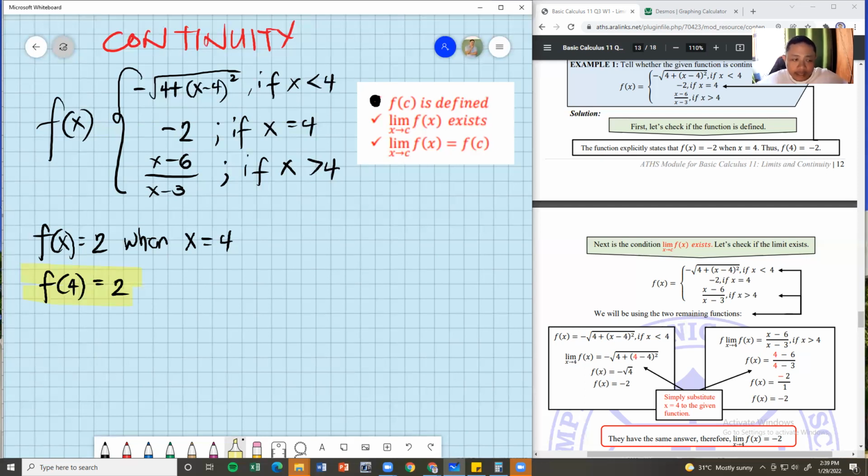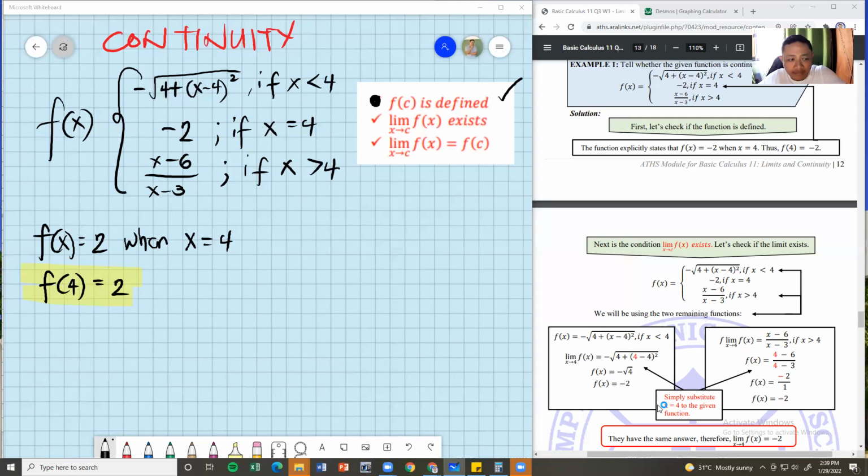So, does this given satisfy our first condition? F of c is defined. Na-define ba natin na si f of c is equal to a certain number? Yes or no? Naipakita ba natin yon in this given? Show me your answer in the chat box. Is it a yes or a no? Were we able to show that the certain value of x will result to a given number?